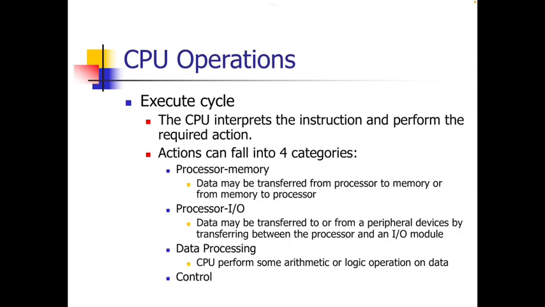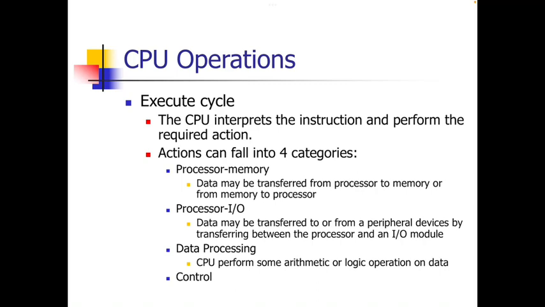The first one is processor-memory: data may be transferred from processor to memory or from memory to processor. If it is processor-I/O, data may be transferred from peripheral devices by transferring between the processor and the I/O module.